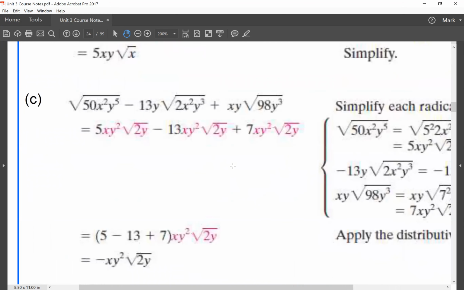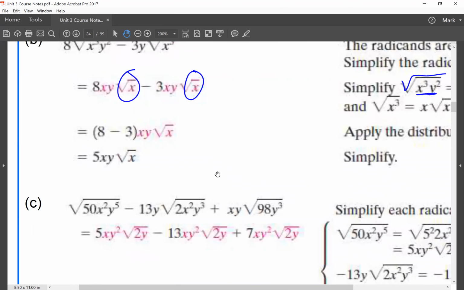Mr. Mark, the answer should have always the same radicands, or it could be different? No, it cannot be different. Can I put it also in x power 3, not just x? Nope, that would be wrong.